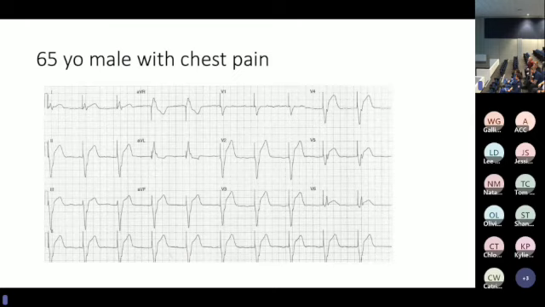So we've got a paced left bundle morphology, so it might be appropriate to use our modified composite criteria here. So we've got a paced left bundle morphology, so we should think about the modified composite criteria.